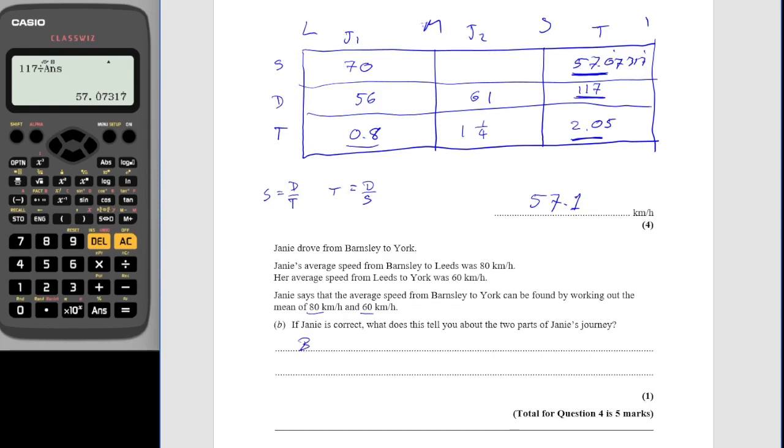So both journeys must have been the same length of time, because if you think, that wouldn't really affect either. It would mean that we could take the average of the two.